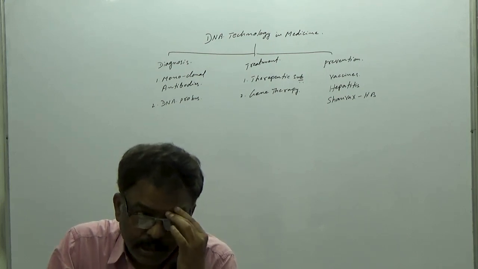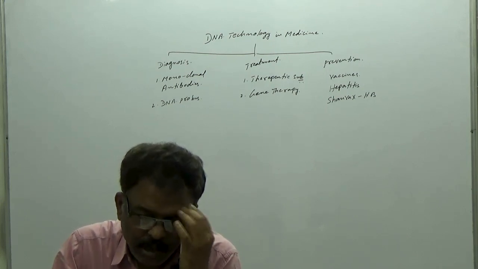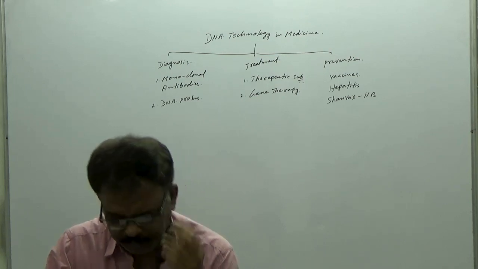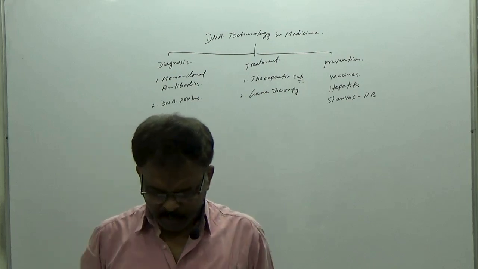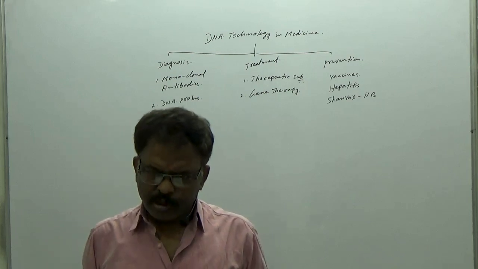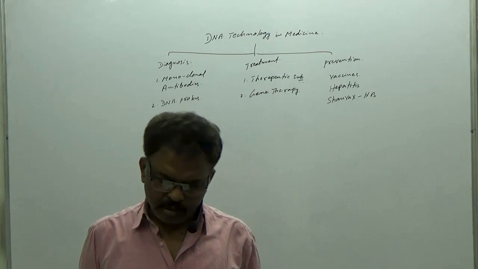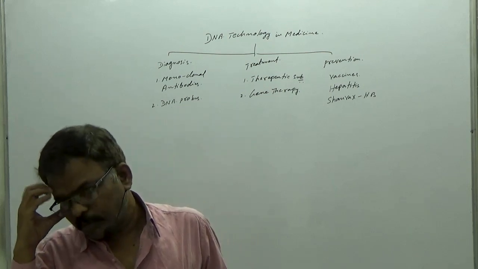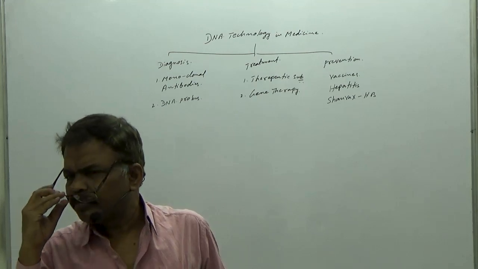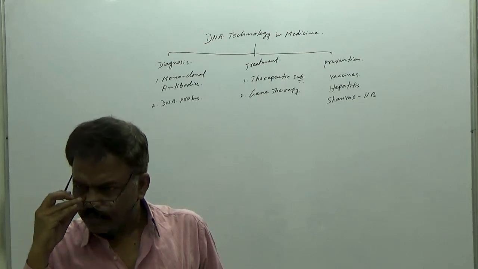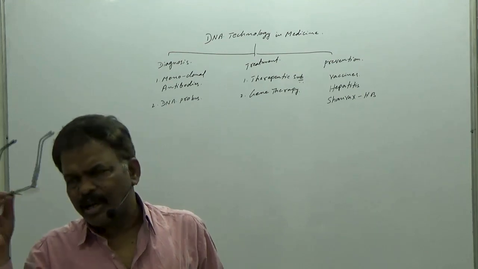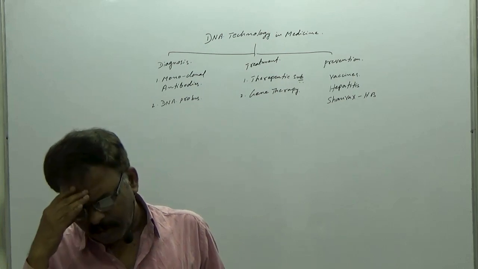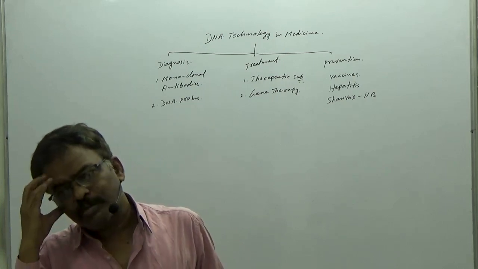Mendelian genetics is there, but Mendelian applications are not there. 100% they ask applications only. DNA recombinant technology, 100% you will get, in botany also and zoology also. Definitely. Anywhere you will get it. Huge information is available.